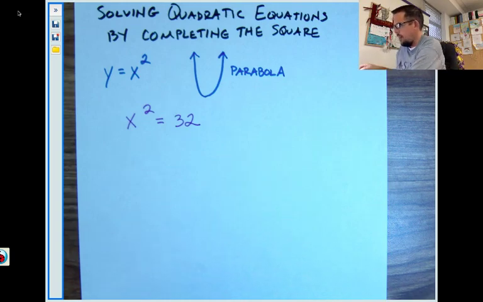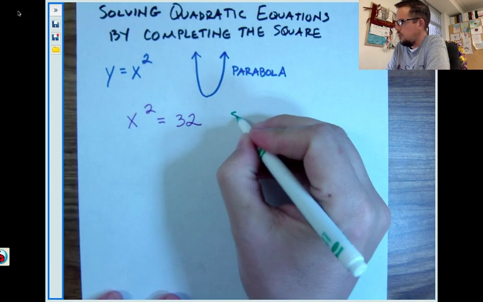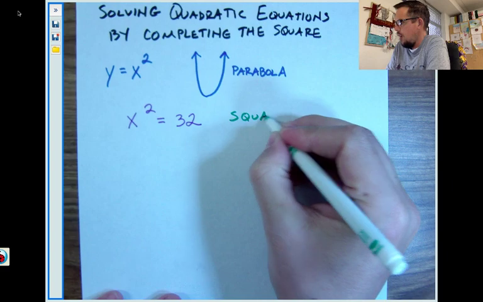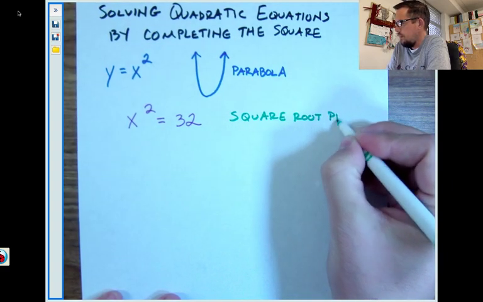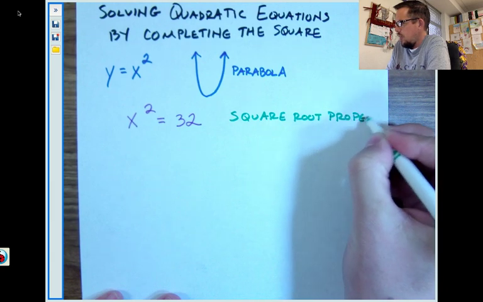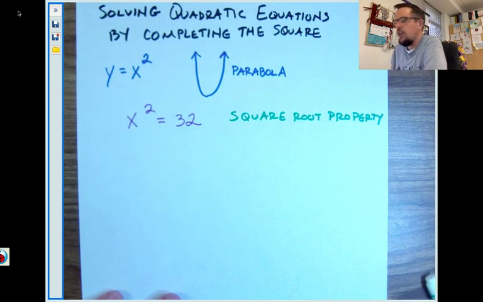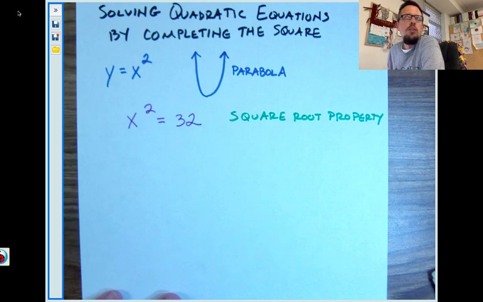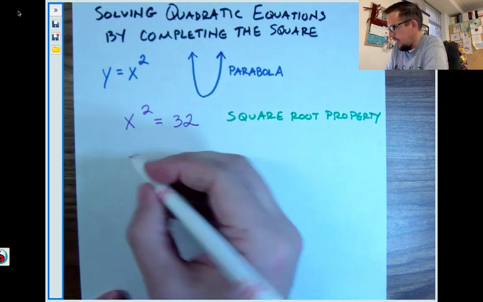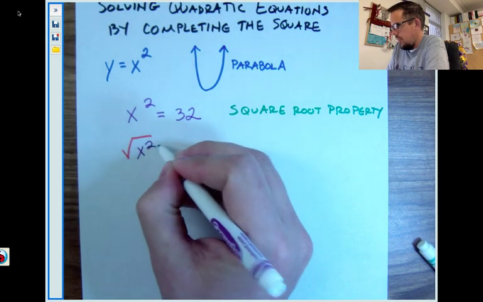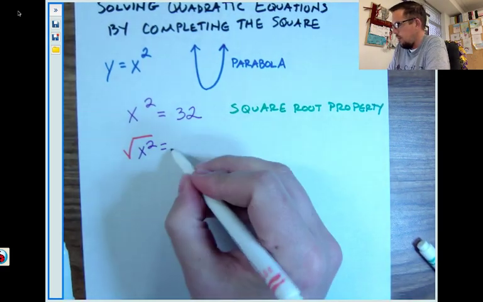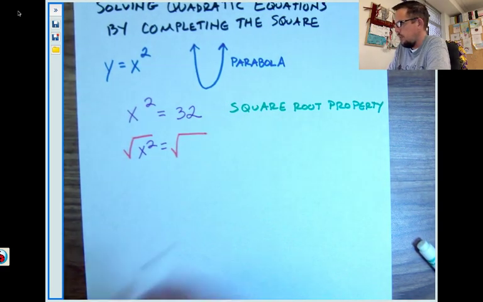This is called, because mathematicians are so creative about naming things, the square root property. Square rooting something is answering the question, what thing multiplied by itself gives me 32? So here's what the math looks like. The square root of x squared equals the square root of 32. I take the square root of both sides.